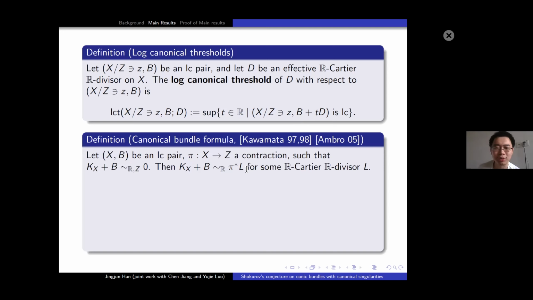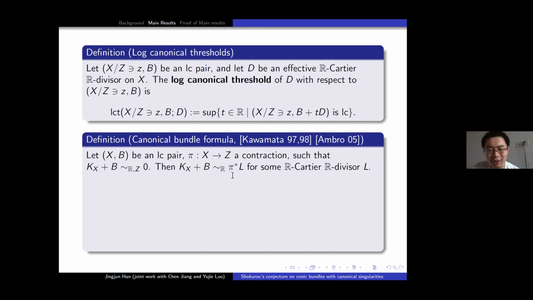And then we can introduce the canonical bundle formula. Some key results were proved by Kawamata and Ambro. Let (X, B) be a log canonical pair and pi from X to Z be a contraction, such that K_X plus B is R-linearly equivalent to the pullback of L for some R-Cartier R-divisor.